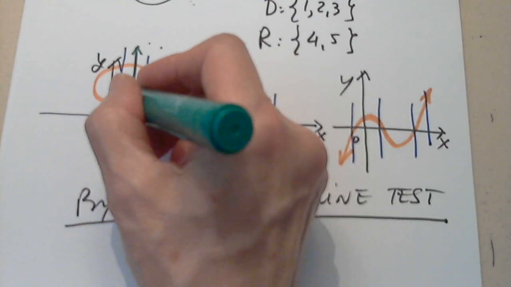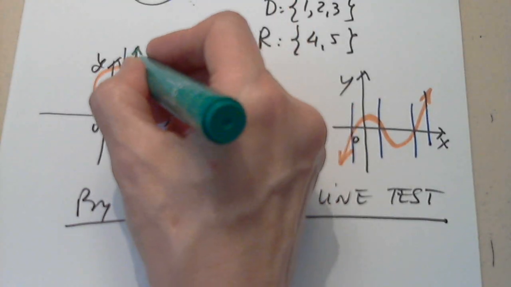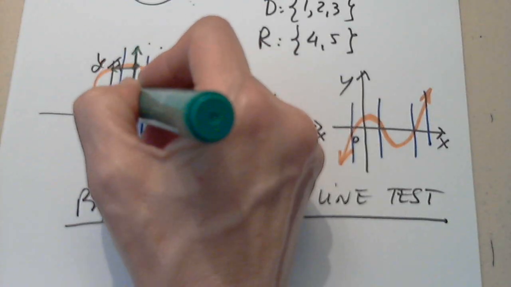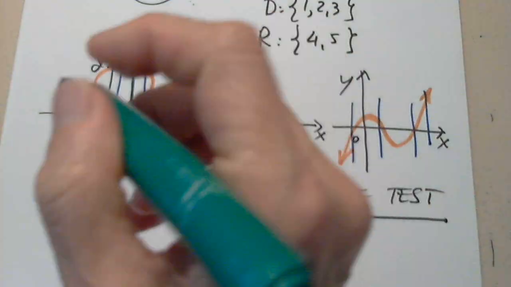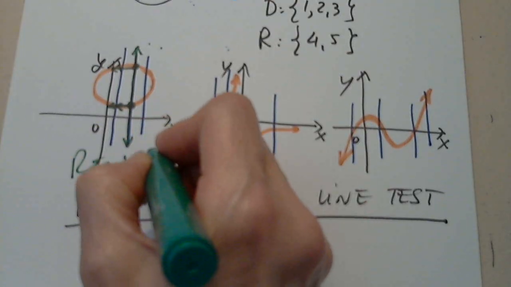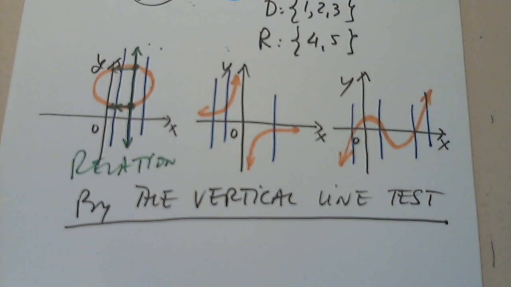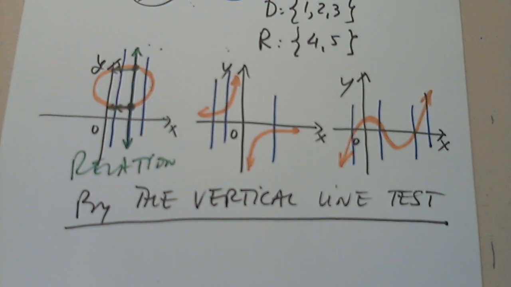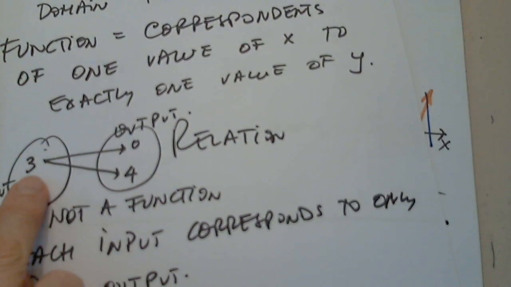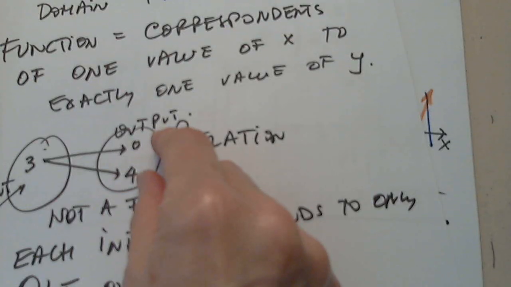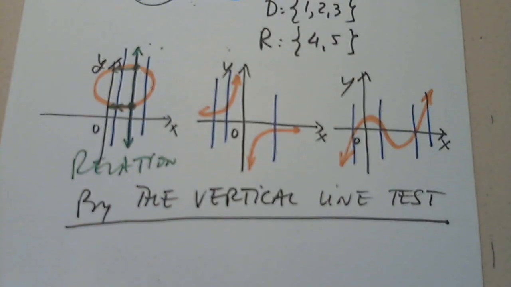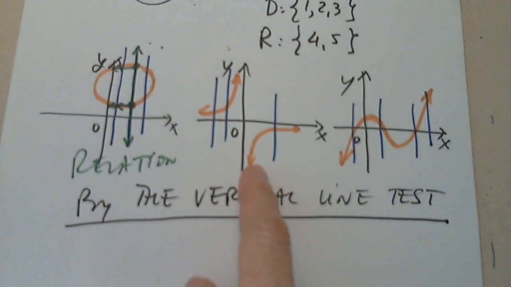Because it crosses the graph in 2 points, and I will read the y value. Relation. By the vertical line test, the first graph represents a relation. Because I found a vertical line that crosses the graph in more than 1 point. Which means I found an x value for which I read 2 y values or maybe more. So it's a relation.